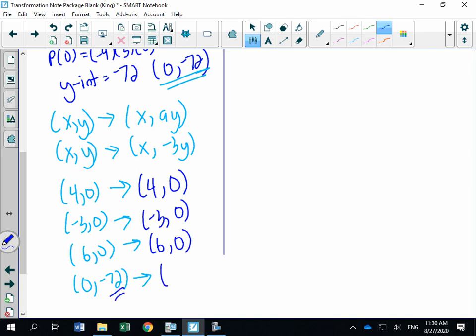This one I have to multiply by -3, because the others multiplied by -3 don't change, right? -72 times -3 is 216. What I'm hoping you notice is if we have a vertical stretch, the x-intercepts do not change. They're invariant points.